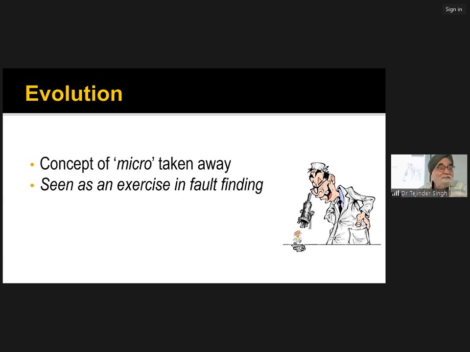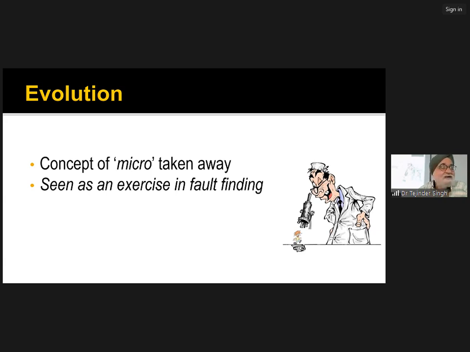When I remember, and I hope some of you do, when we had this session in teacher training workshops, it was particularly the junior faculty who would enjoy finding faults with their seniors, because that was the only time they could pull their legs and get away with it. Now come back to the safe environment. We transformed it into an exercise in fault finding.